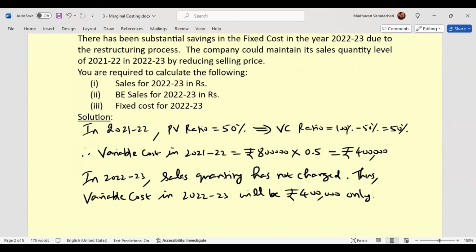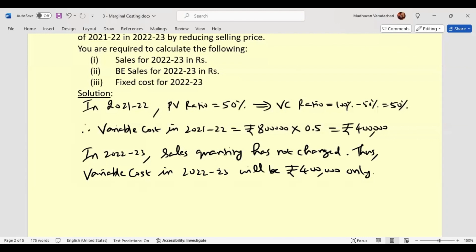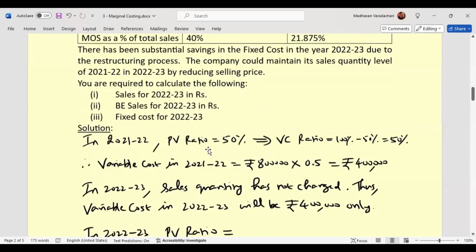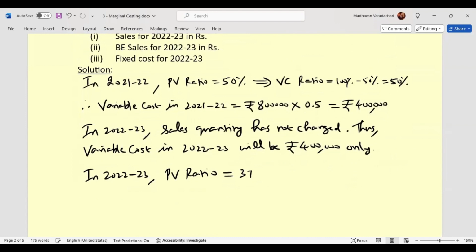Then in 2022-23, PV ratio is given as 37.5%, which means variable cost ratio will be 100% minus PV ratio, which is 37.5%.